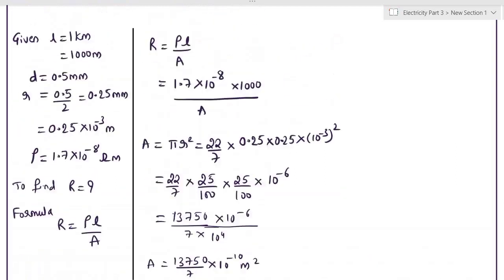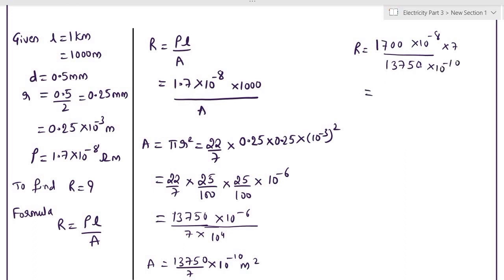Now I have to use this formula. Resistance of a conductor is 1.7 into 1000, that is 1700 into 10 to the power minus 8, whole divided by the area of cross section, 13750 divided by 7 into 10 to the power minus 10.